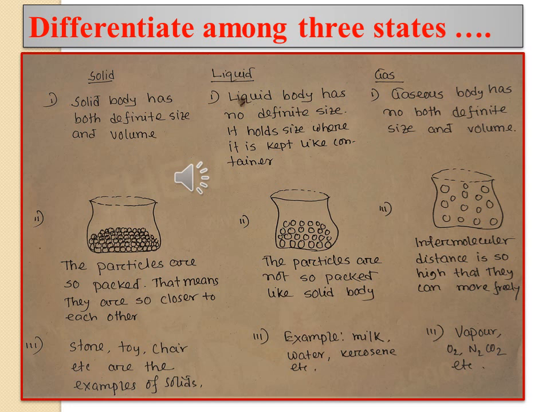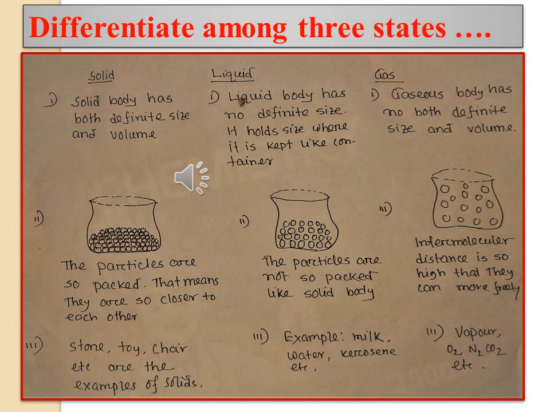Now the second point to differentiate among the three states is based on how tightly packed the particles of the matter are. In a solid body, the particles are so tightly packed, very close to each other, and that's why they are solid. They have higher melting or boiling points, and they show a number of properties.